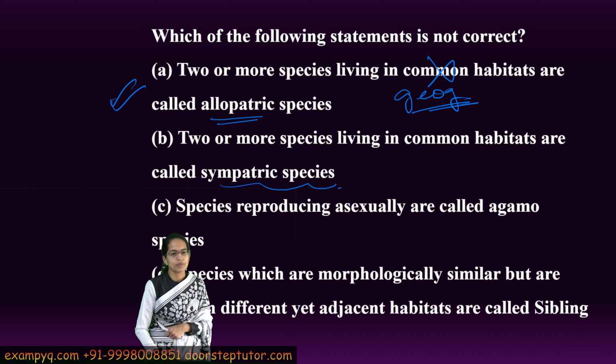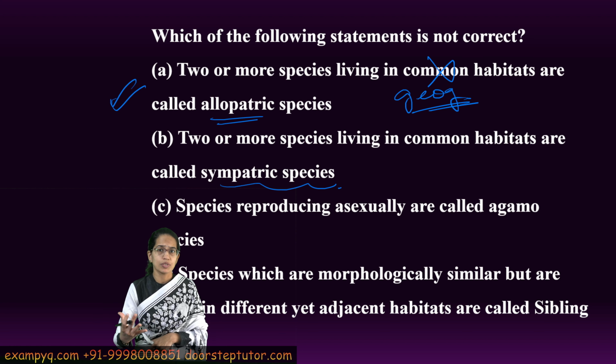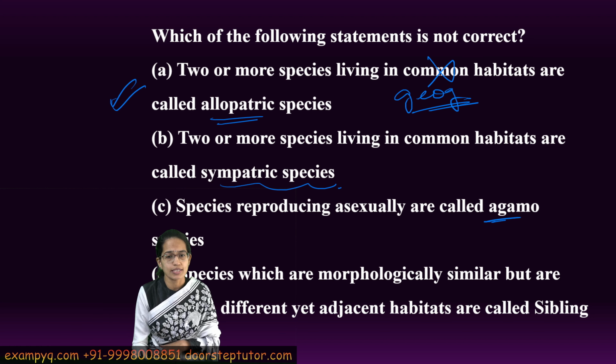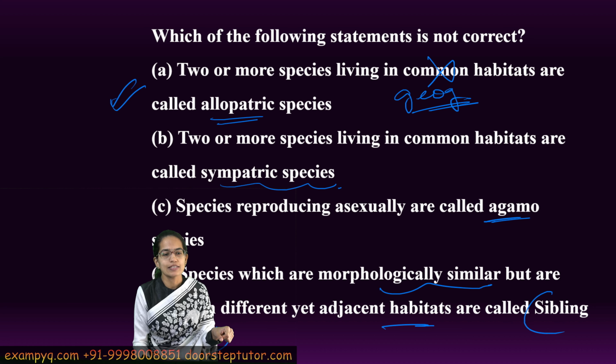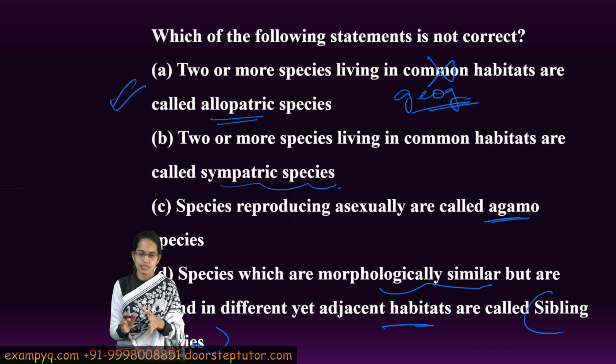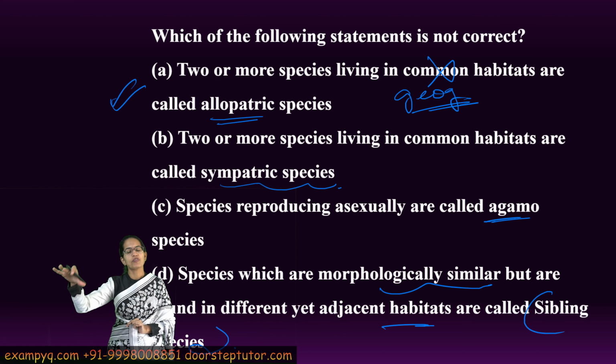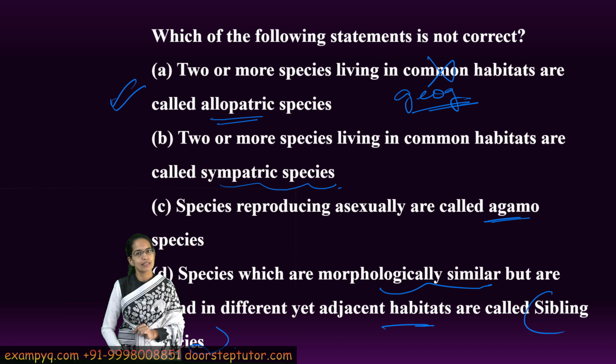If species reproduce asexually, they are called agamospecies, and species which are morphologically similar but live in a different habitat are called sibling species.